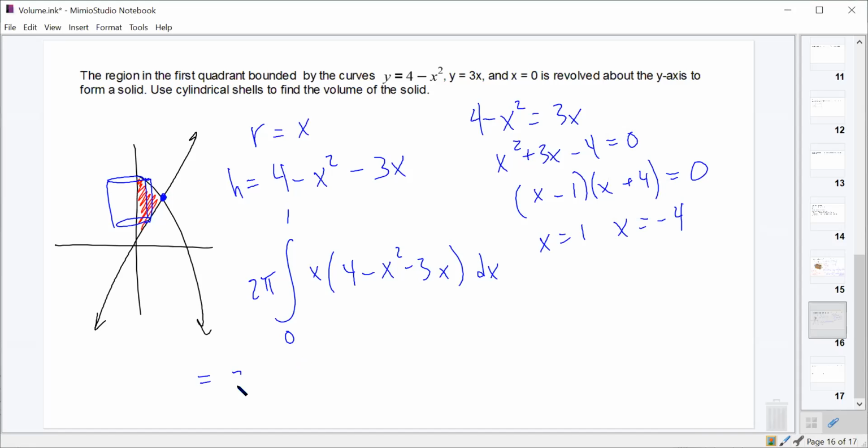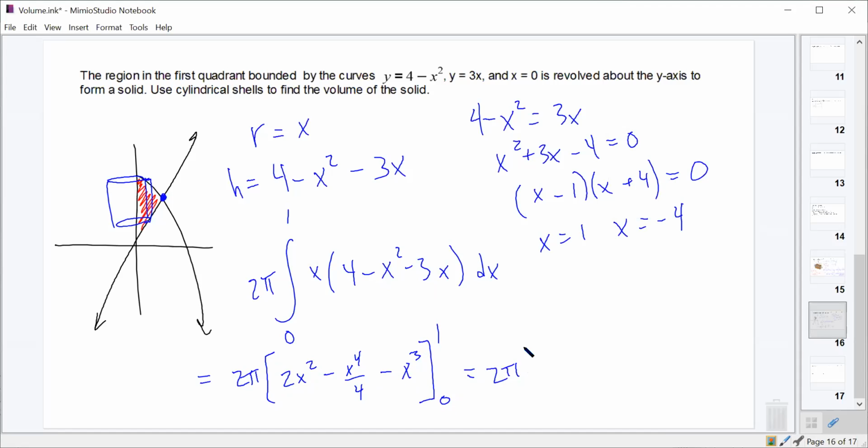All right, let's real quickly evaluate. So we've got 2 pi times the integral of 4x, which ought to be 2x squared. Then we've got minus an x cubed, so that'll be minus x to the 4th over 4. And then we've got a minus 3x squared, which ought to be minus x cubed. And we're going to go from 0 to 1. The 0 will make those all 0.